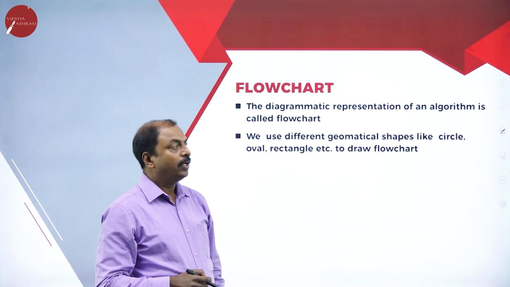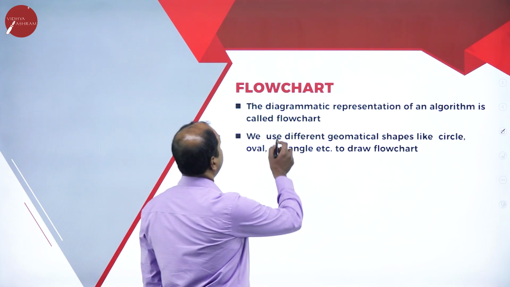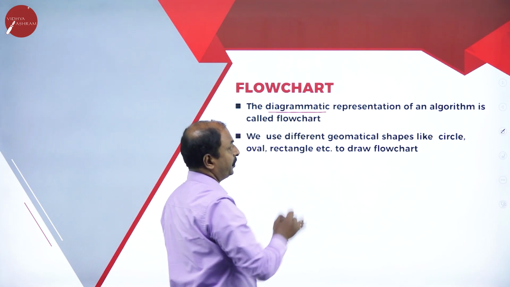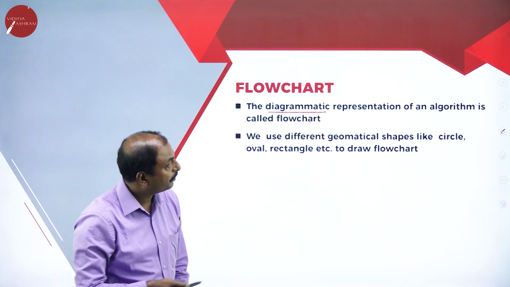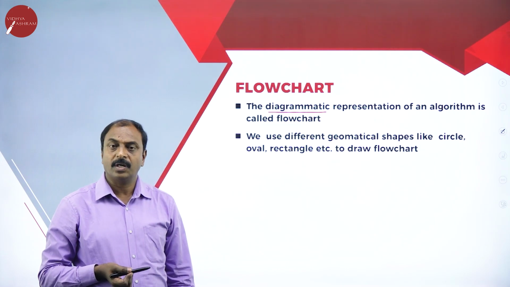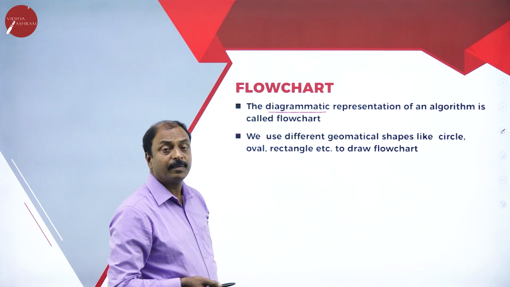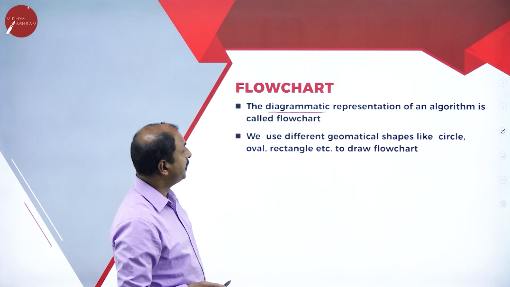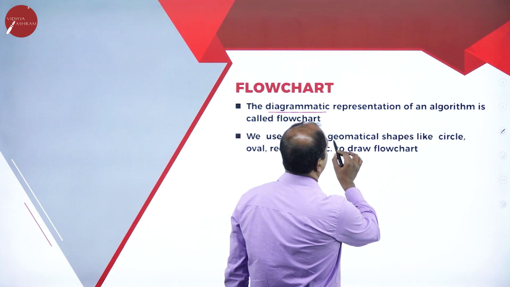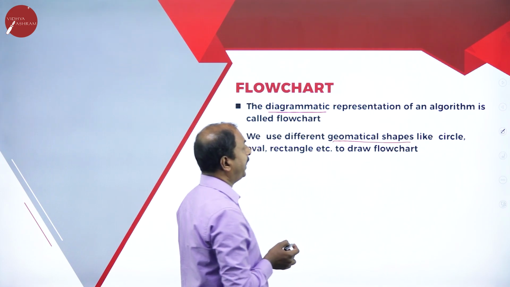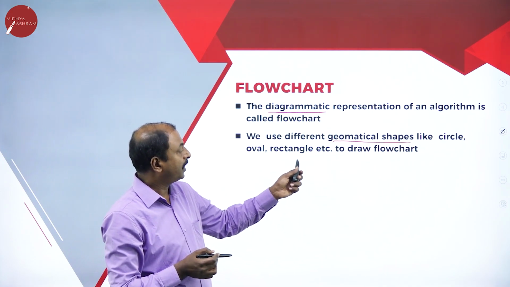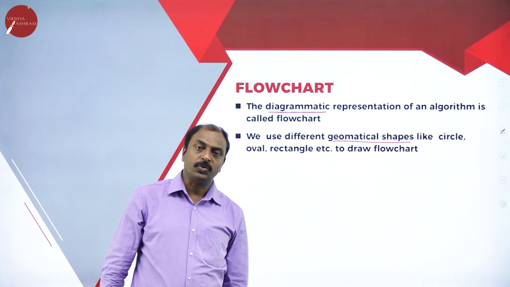What is a flowchart? A flowchart is a diagrammatic representation. Just now we saw in the previous slide that an algorithm is a textual representation, and here it is a diagrammatic representation. We use different geometrical shapes like circle, oval, rectangle, etc. to draw a flowchart.